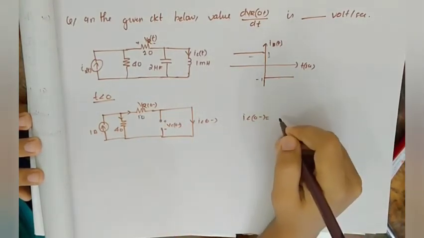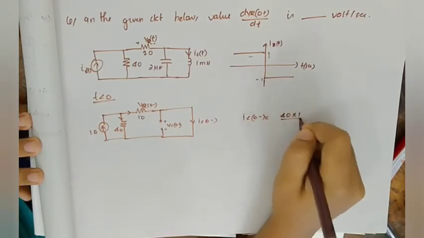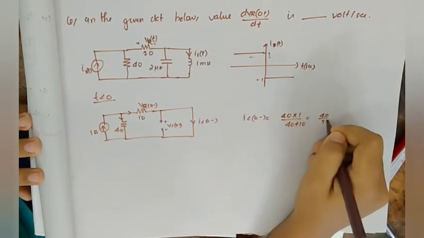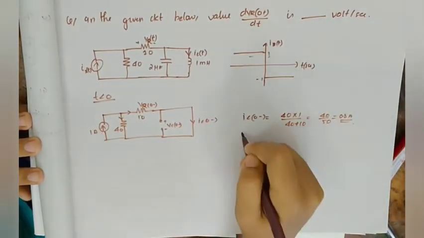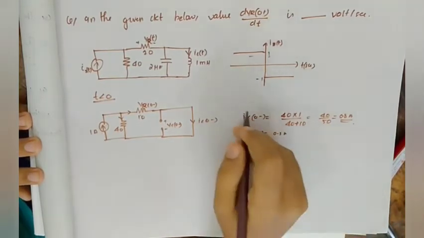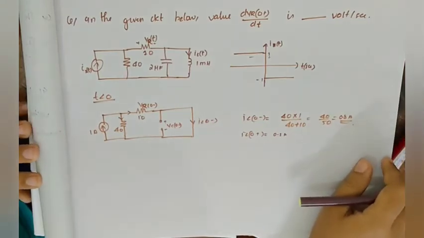So the current through 10 ohm is equal to 40 into 1 divided by 40 plus 10, that is equal to 40 divided by 50, which is equal to 0.8 ampere. So IL of 0 minus and IL of 0 plus will be equal to 0.8 ampere, because sudden change in current is not allowed in an inductor.